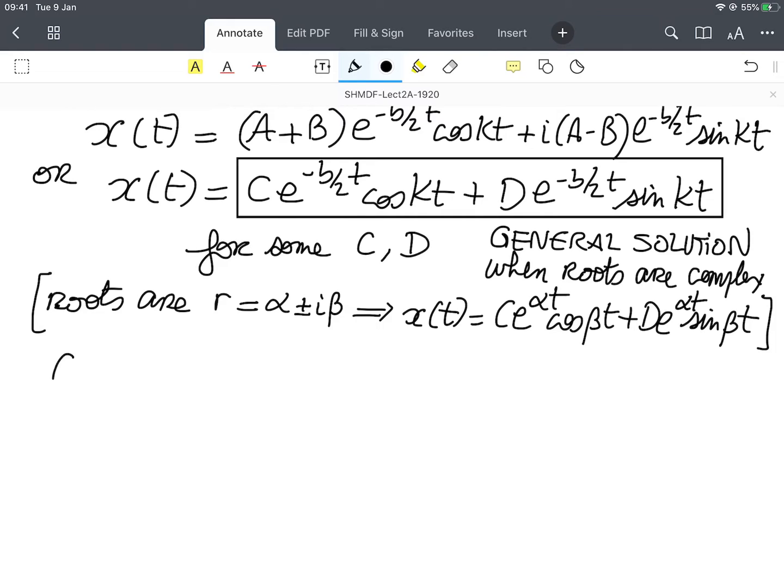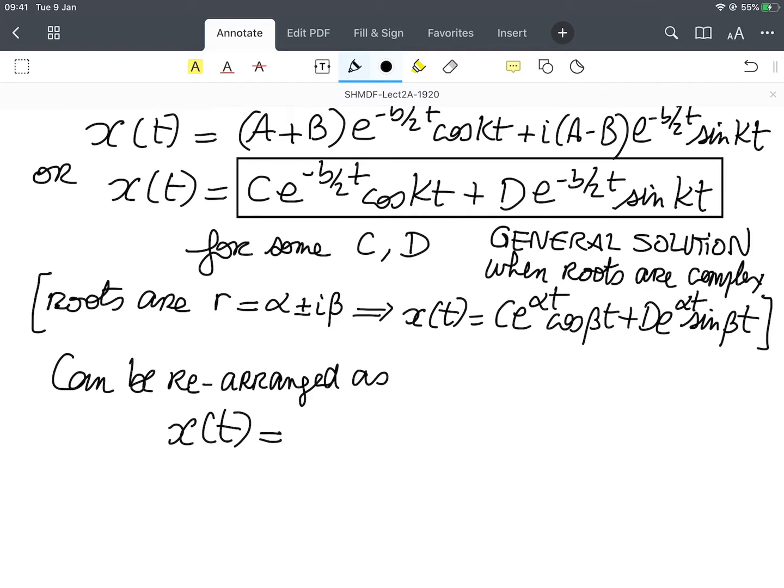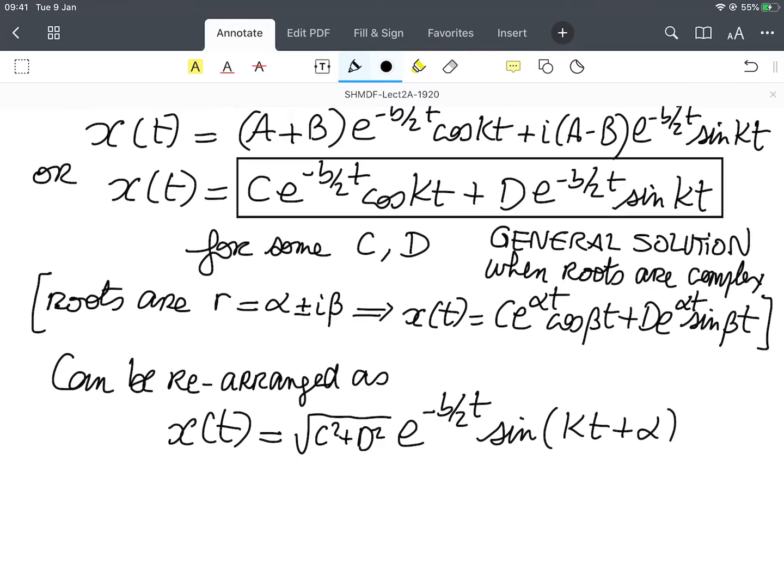I won't go into the calculation because there's not much to learn from it, but you'll know from the previous lectures on simple harmonic motion it can be arranged like this: e^(-bt/2) sine of kappa t plus alpha, where alpha is just a constant.